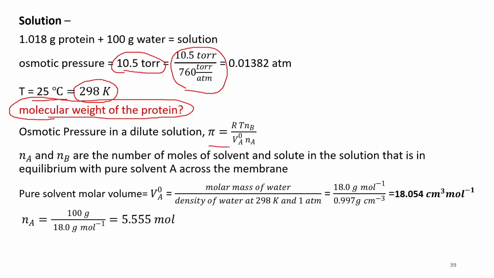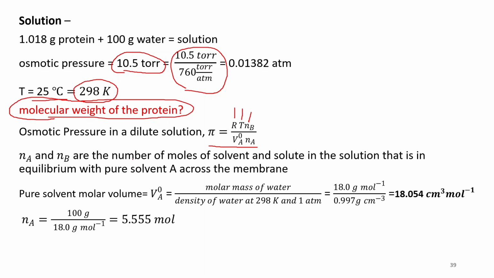So osmotic pressure is equal to RT, where R is a constant, T is temperature, which is 298 Kelvin, and then NB, the number of moles of solute in the solution, divided by Va naught, the molar volume of the pure solvent, and then Na, the number of moles of the solvent in the solution.